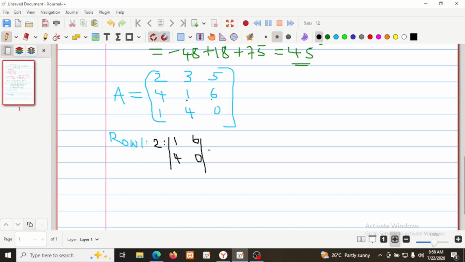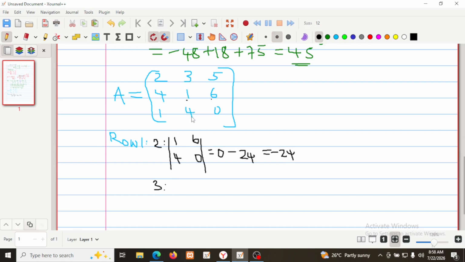Then we get 1 times 0, it is 0, minus 6 times 4, 24, which will give us negative 24. Then we have 3. Find the cofactor for 3.